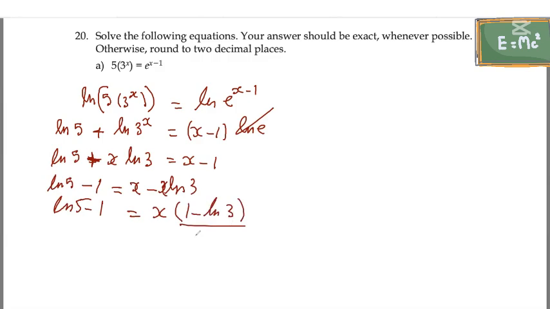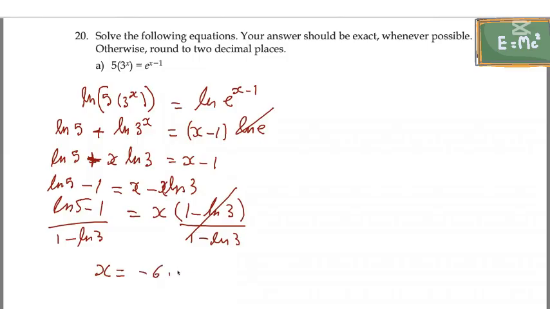Now, of course, divide both sides by 1 minus ln 3, and therefore x equals, and that's basically just a calculator question after that. And the answer, x equals 1.18. And that's the answer for this one.